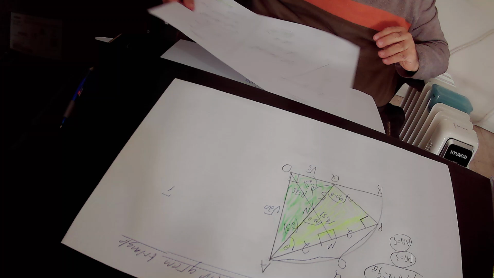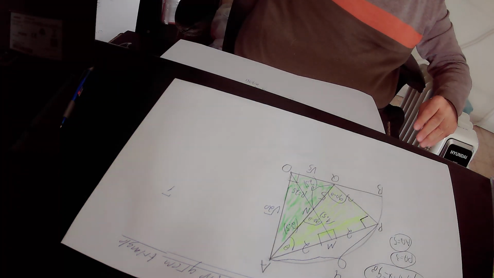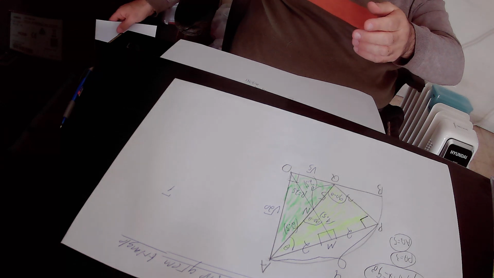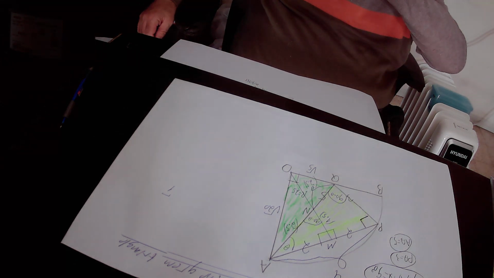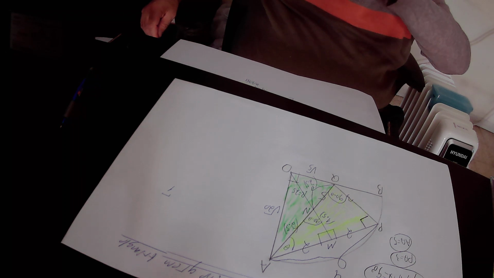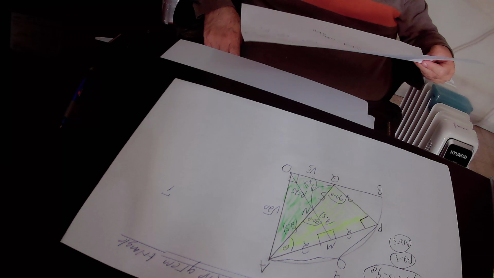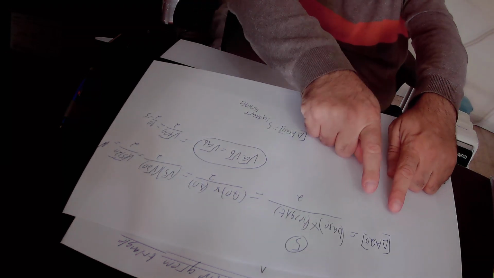Now it is very easy to find out the area of the green triangle AQO. Okay, that is the triangle that we are looking for. The area of this triangle AQO. Here the squared bracket is the sign for the area.